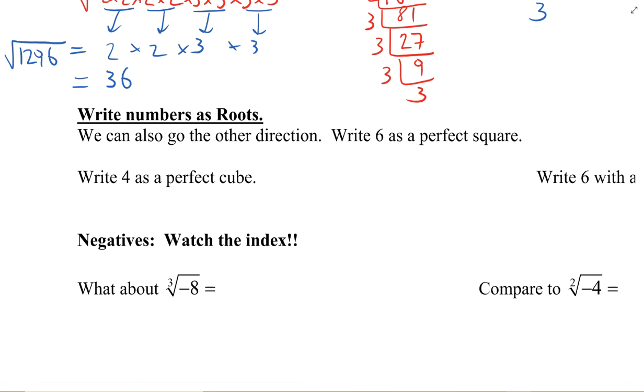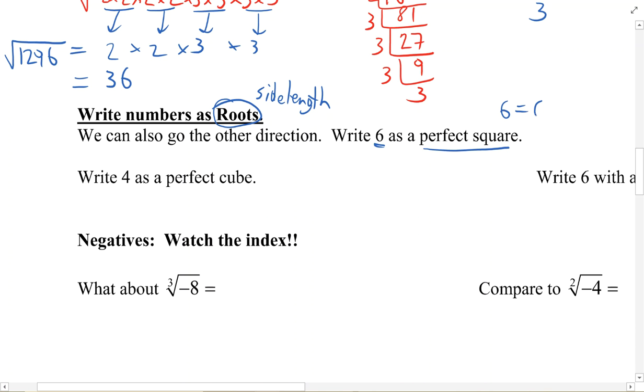Okay, so now we're going to play around with the words. We can write numbers as roots. Roots are the small number, the side lengths of the squares. So we're going to mess around with the definition. We want to write 6 as a perfect square. So if we go 6 equals 6 squared, that would be saying 6 equals 36. It doesn't.